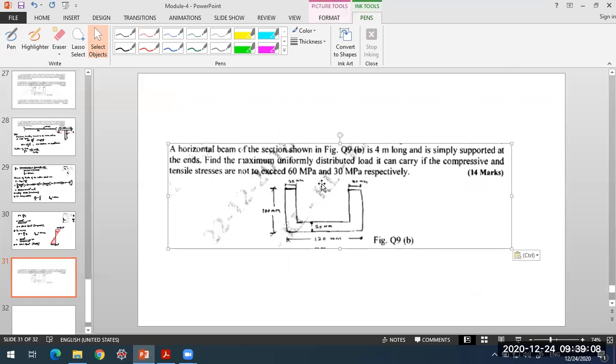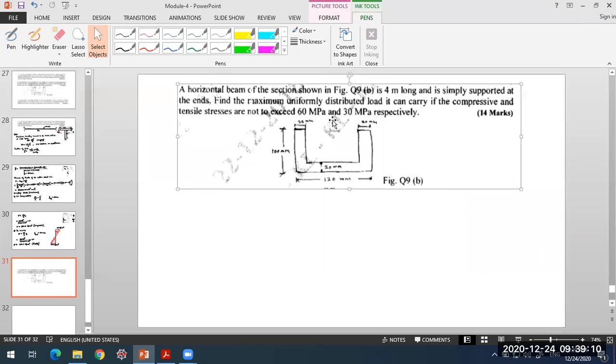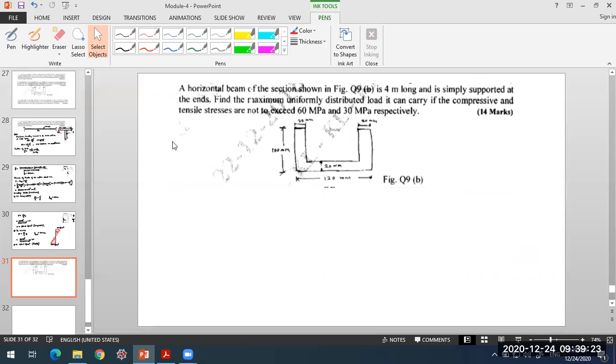Okay, the next one is this. What is asked is, a horizontal beam of the section shown in the figure is 4 meter long and is simply supported at the ends. Find the maximum uniformly distributed load it can carry if the compressive and tensile stresses are not to exceed 60 MPa and 30 MPa respectively.